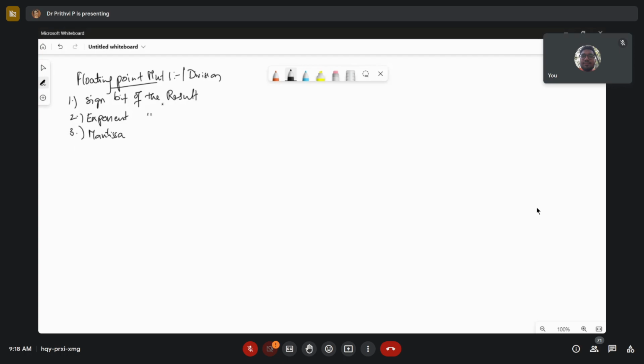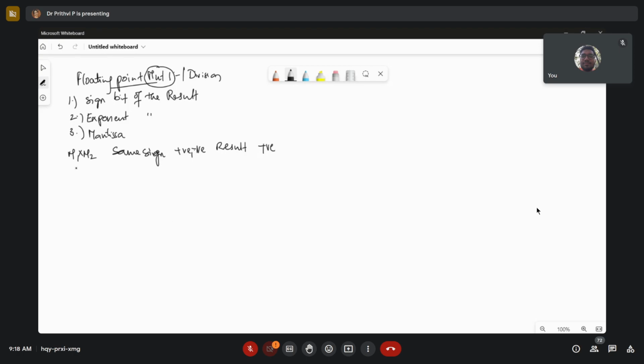So to find the sign of the product, for multiplication, say I'm multiplying m1 with m2. If they are of the same sign, that means either both positive or both negative, the result will be positive.